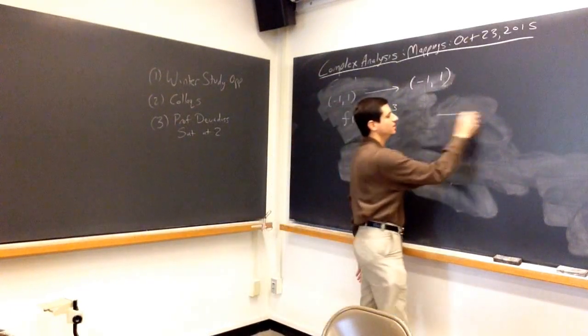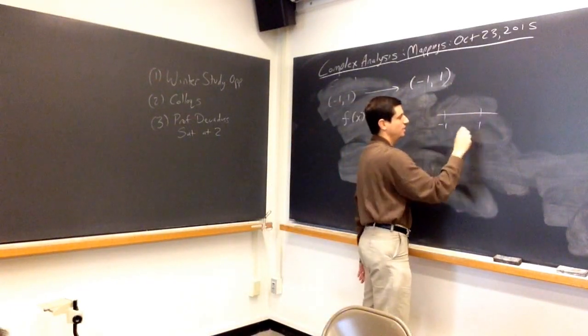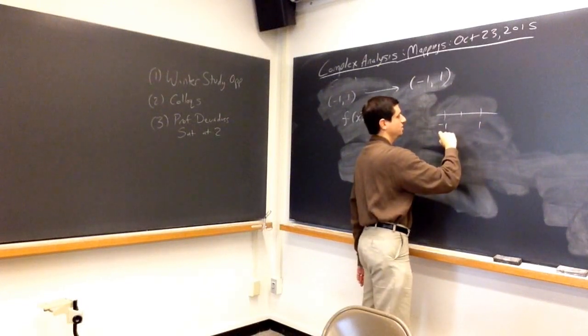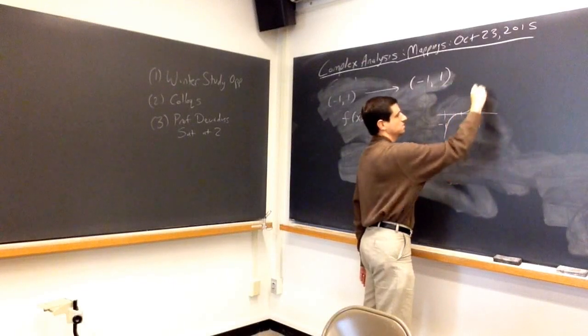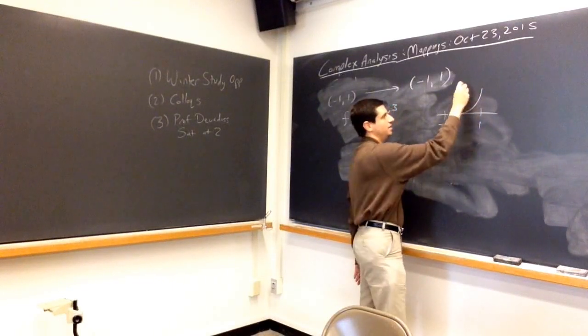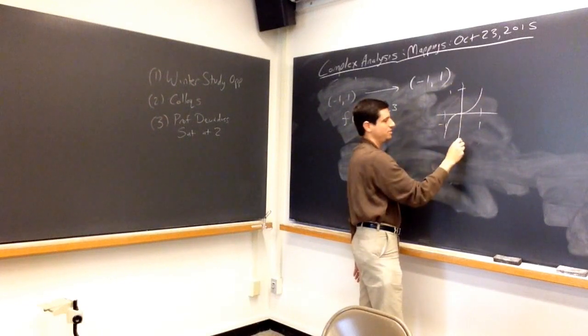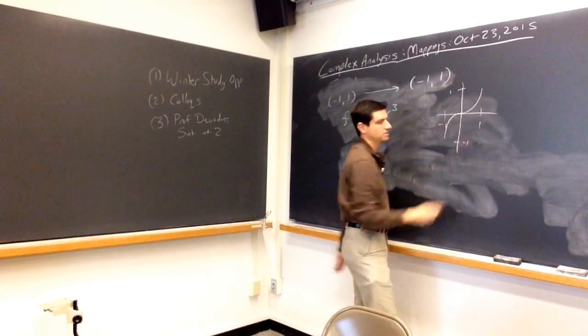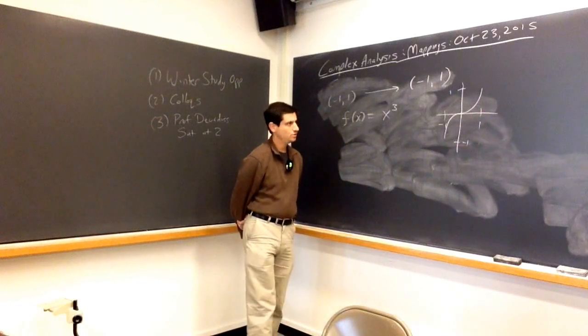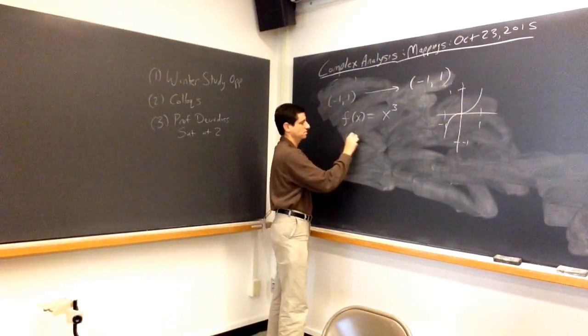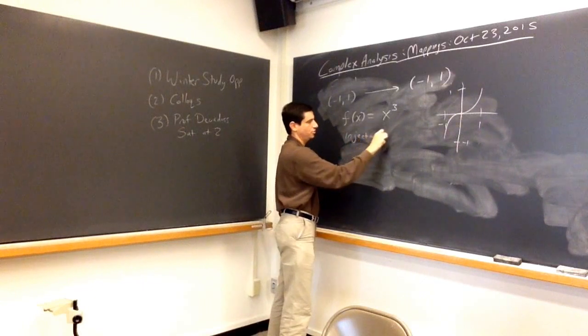I'm hoping my plotting skills are not horrible. I should be able to do one dimension. It should look something like this. Does this map negative 1, 1 to negative 1, 1? Is it injective, also known as 1 to 1?